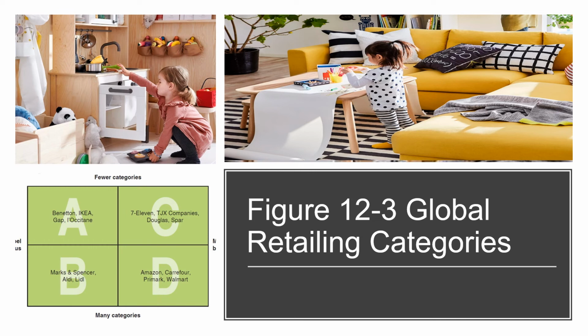In quadrant B, or category B, the private label focus is retained, but many more product categories are offered. This is the strategy of Marks and Spencer, or M&S, the British-based department store company whose St. Michael private label is found on a broad range of clothing, food, home furnishings, jewelry, and other items.